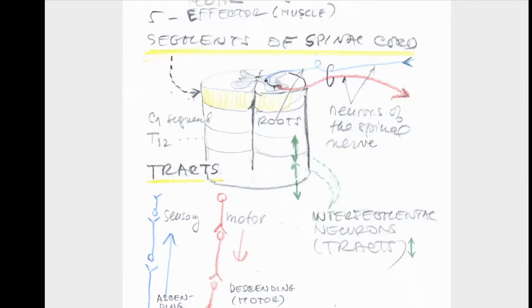The blue and red lines indicate roots, because they are ascending and descending, or motor, and the vertically oriented green arrows below the word roots indicate the intersegmental neurons, which are responsible for the interconnection between the segments.